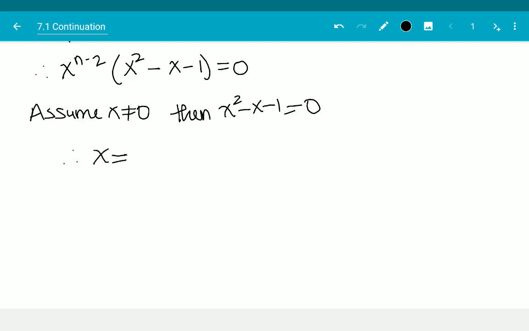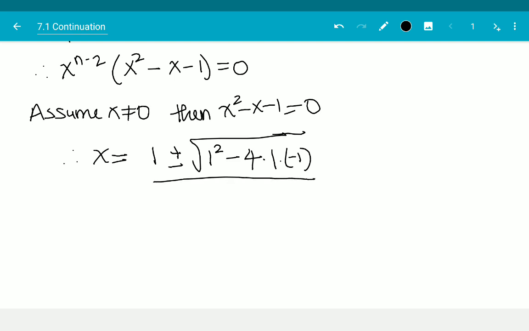Therefore, x is equal to minus b plus or minus the square root of b^2 minus 4ac, which is 1 squared minus 4 times 1 times c, which is negative 1, all over 2 times 1, right? Which is equal to (1 plus or minus square root of 5) over 2.